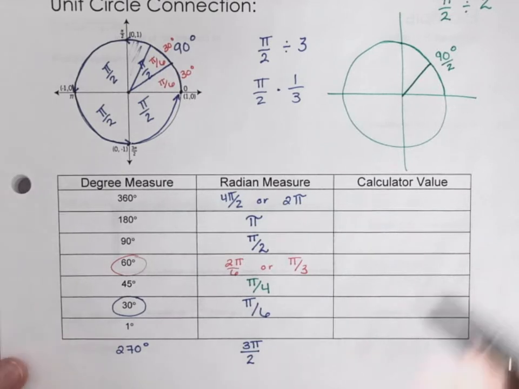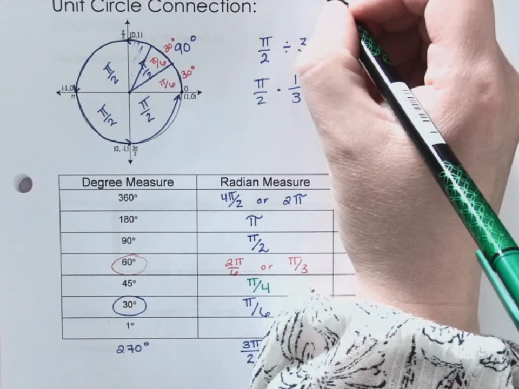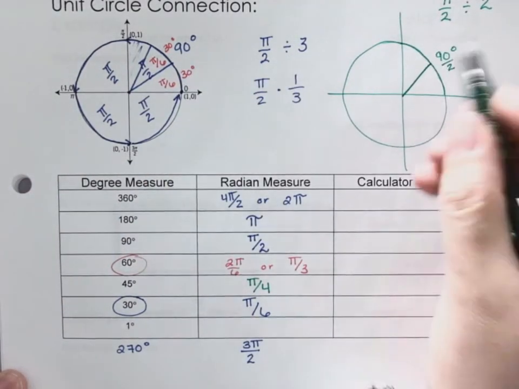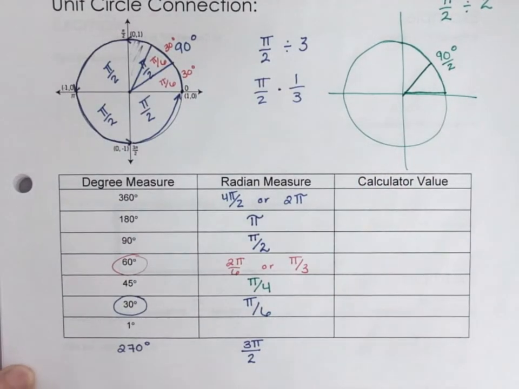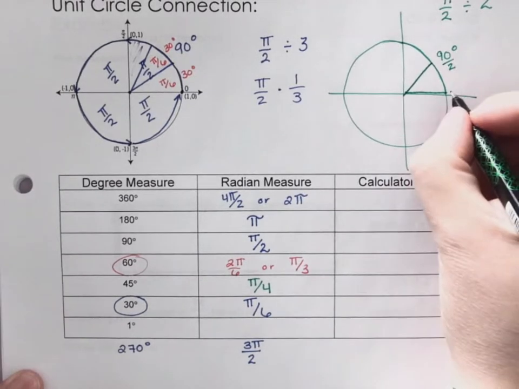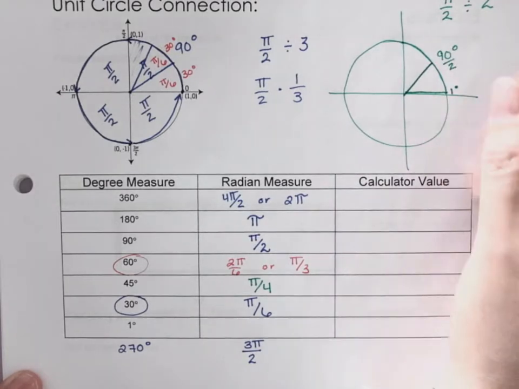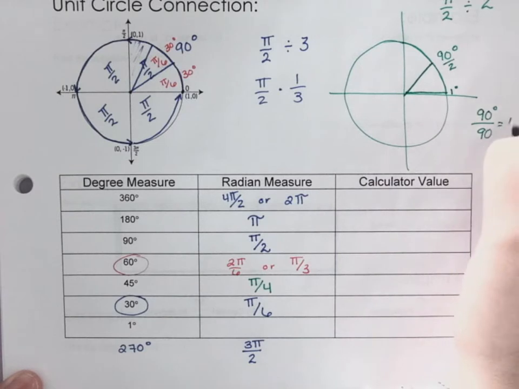If we know this is 90 and we want 1 degree, that's my 1 degree sign, everybody. It's very, very small. What are we dividing the 90 by? We're dividing the 90 by 90. 90 degrees divided by 90 is going to give me 1 degree, right?